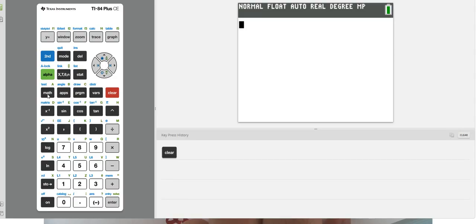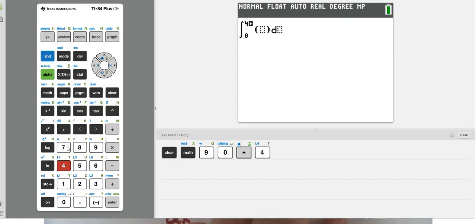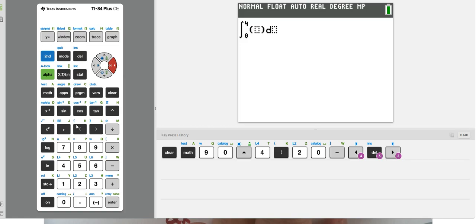Let's work with the integral from 0 to 4 of 20 minus 5x dx. I've got to exit the limit here before I start typing.